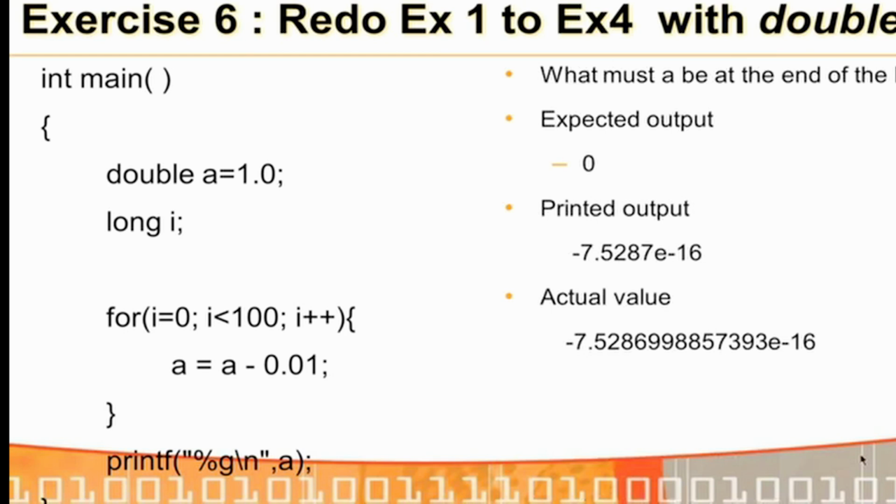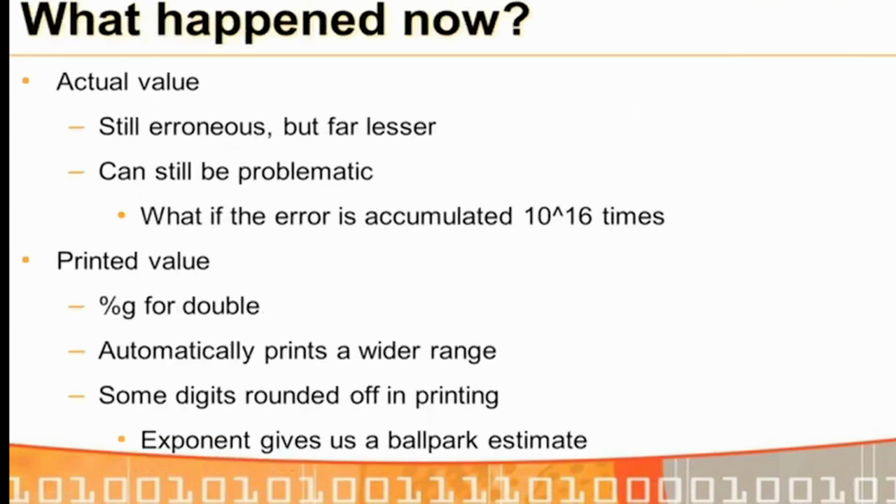Actually you will see that the actual value is very, very close to 0. It is some 10 power minus 16, where in the previous case it was 10 power minus 5 or 6. Still the answer is erroneous, but the error is far lesser. It can still be problematic if the error is accumulated 10 power 16 times, then it actually becomes 1.